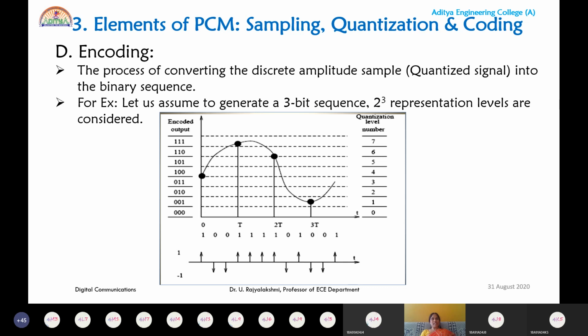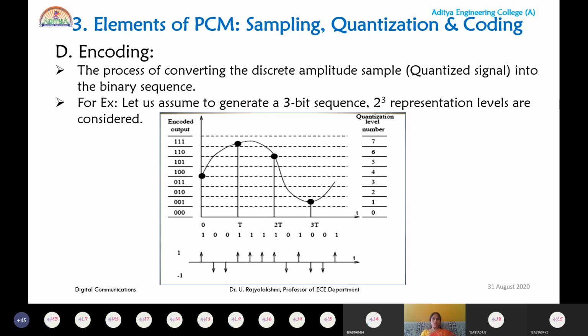Now please observe the message signal. The message signal is sampled at 4 intervals: 0, Ts, 2Ts, 3Ts. Now, what is the magnitude of the message signal at the sample at time 0?